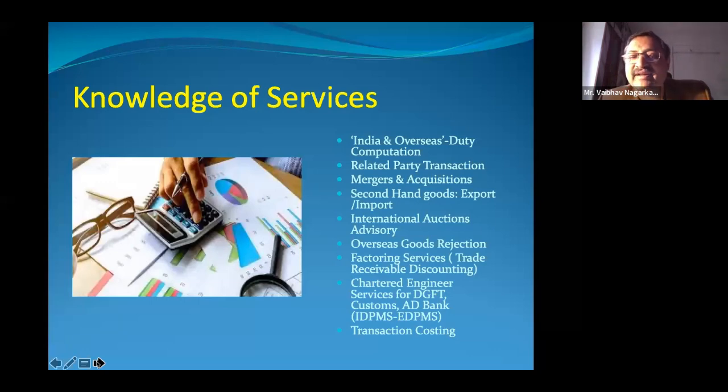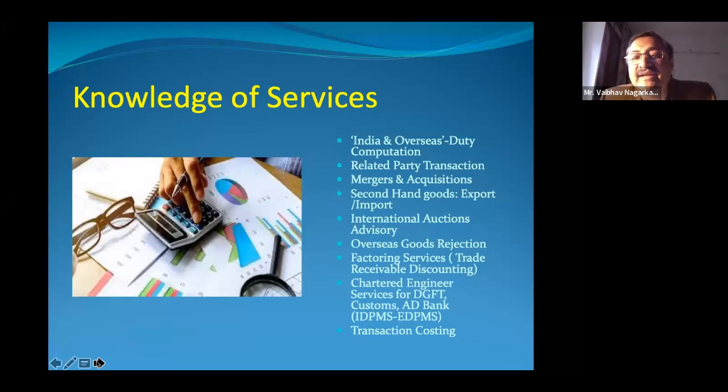But if you are a financial asset valuer with a chartered accountant background, and you have knowledge of SVB as well as TP, which is anyway taught in the CA syllabus, you can render both services, TP as well as SVB. Normally, CAs don't take up SVB assignments, but TP definitely they take, because that's a domain expertise.